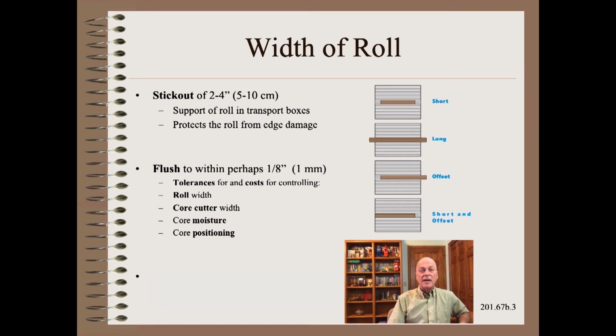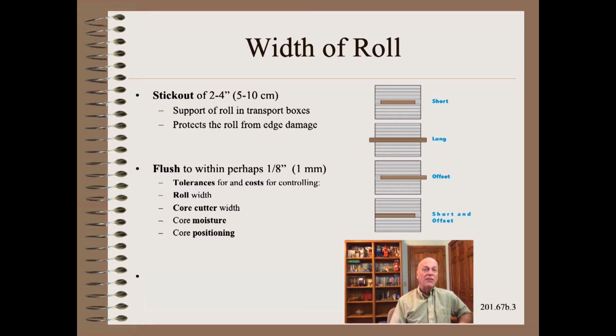A core stickout of 2 to 4 inches may be desired for some applications. Sometimes this stickout is used to support the rolls in the saddle in a shipping box. Sometimes the stickout is used to protect the rolls from end damage. Much more common is to have the core as flush as possible to the edge of the roll.